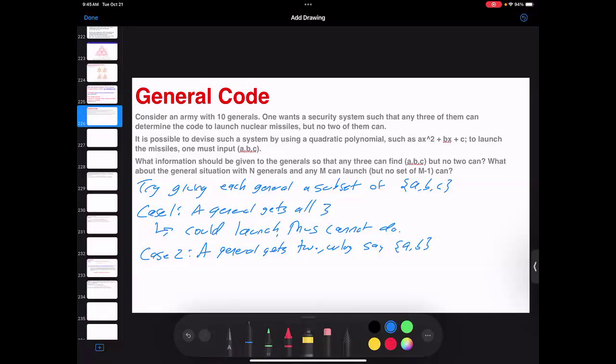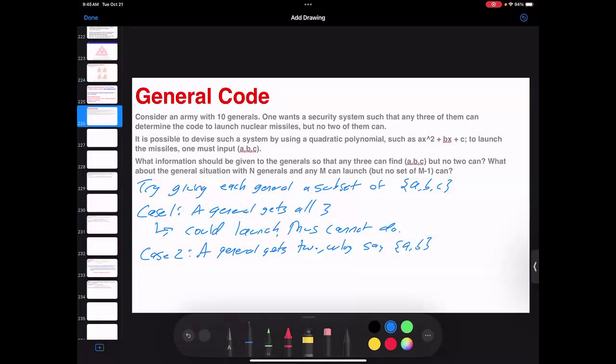So if one general has A and B, what could be the potential issue? What do you mean by only 2 generals have the codes? One has A and B and the other has C. Okay, if somebody knows C, then the 2 of them could launch. So nobody can know C, which means we won't be able to launch.